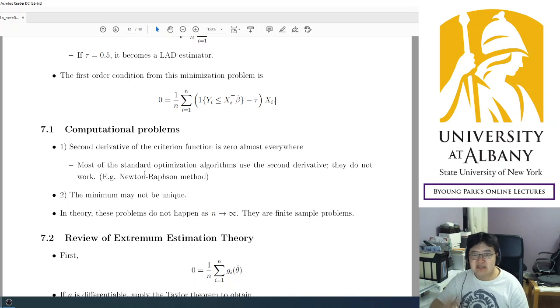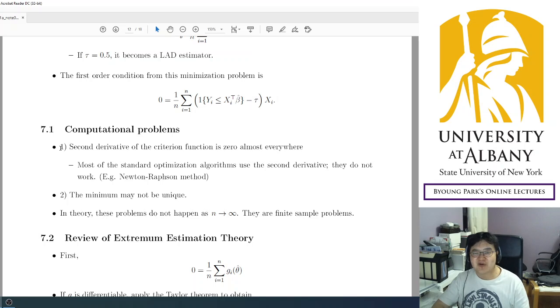Which is another problem in computation. In theory, it is not a problem because as the sample size goes to infinity, the probability of this problem happening will converge to 0, but they are problems in the finite sample. Anyhow, I cannot discuss the computational problems right now.